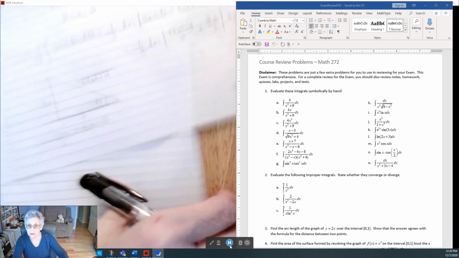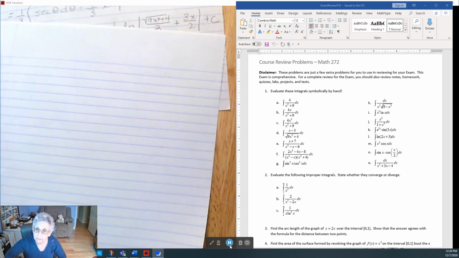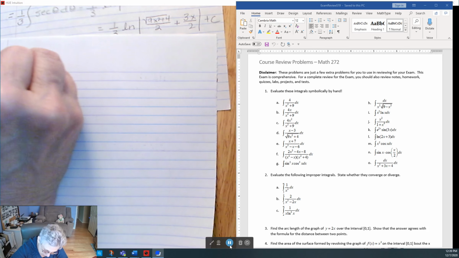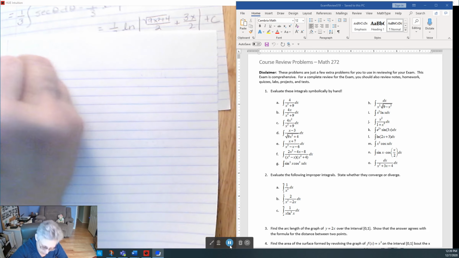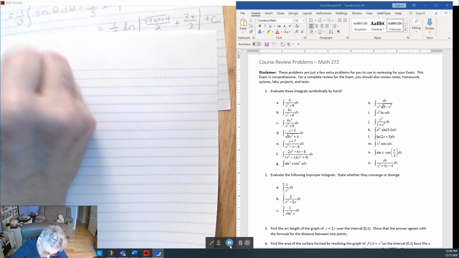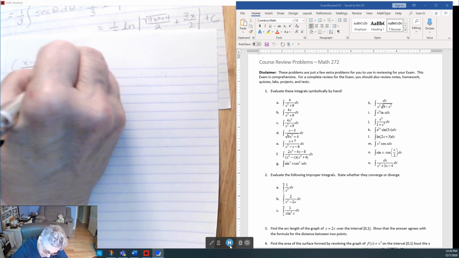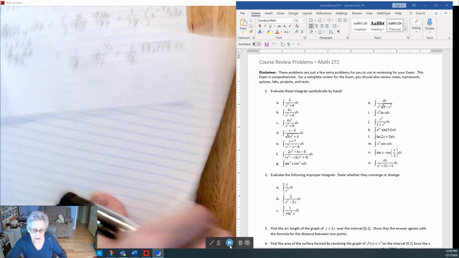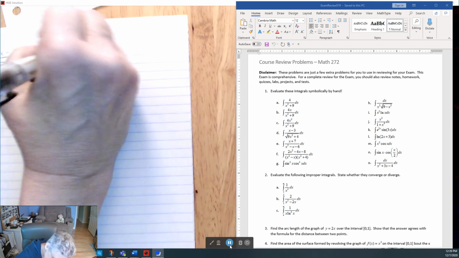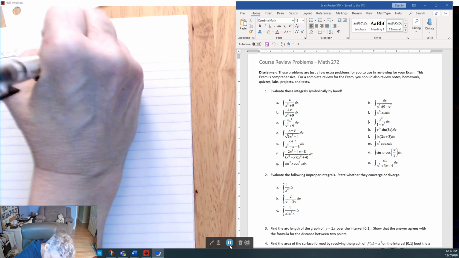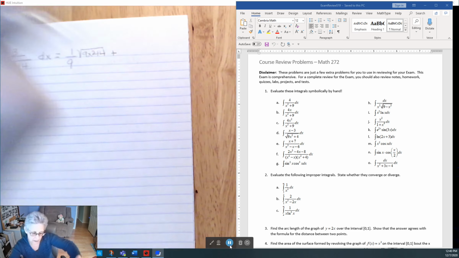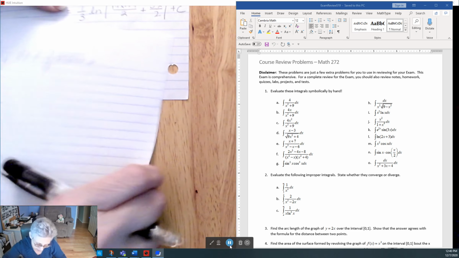So going back to my original problem, which was the integral of x minus 3 divided by square root 9x squared plus 4, it's equal to my first piece plus my second piece.